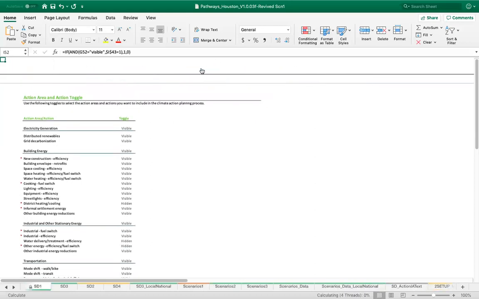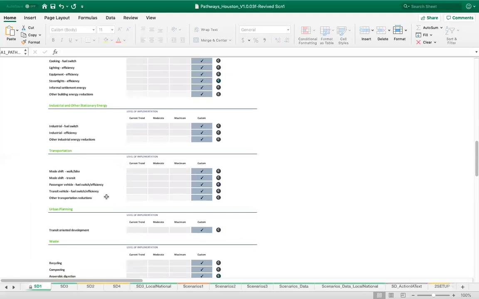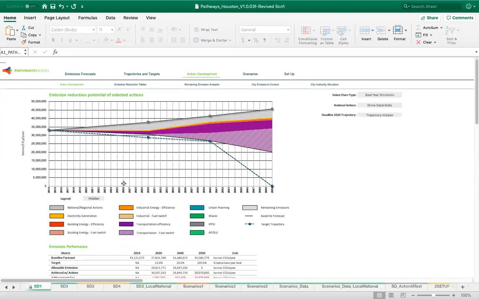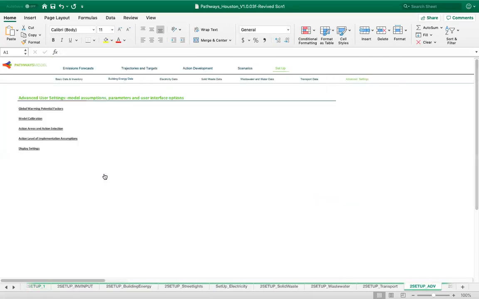Then if you go back to action development and down to transportation, it hasn't updated, but you'd be able to have freight as one of your emissions reduction options. And under the advanced settings is where you can really start to get into the details of how the model is set up. That would be the other area that I'd focus on.